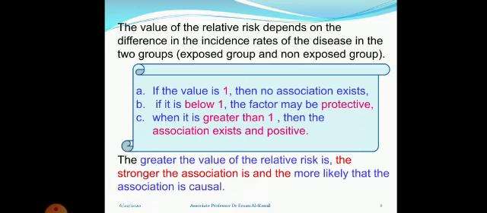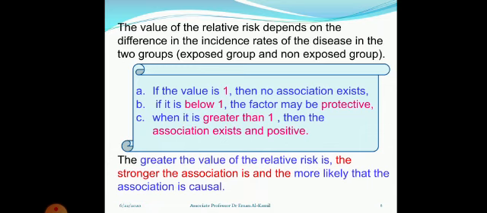If the value of the relative risk is 1, there is no association between the exposure to the risk factor and the outcome or the disease. While if the relative risk is below 1, the factor may be a protective factor rather than a risk factor.